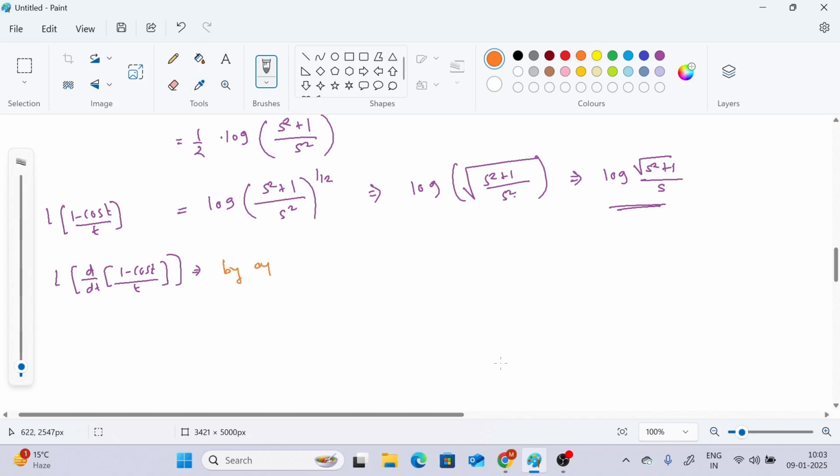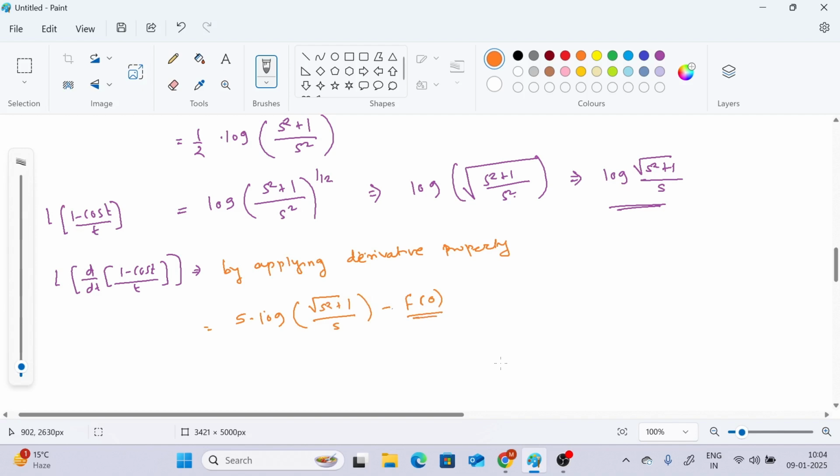By applying the derivative property, what can I write here? I can write s times f bar of s, which means log of root s square plus 1 upon s, minus f of 0.